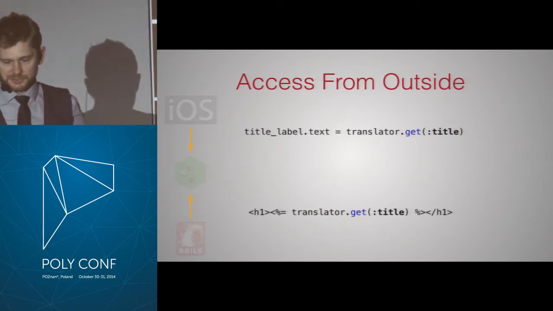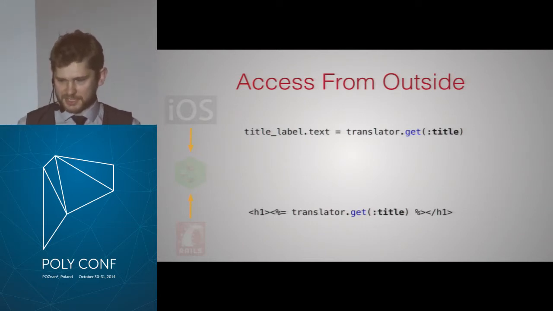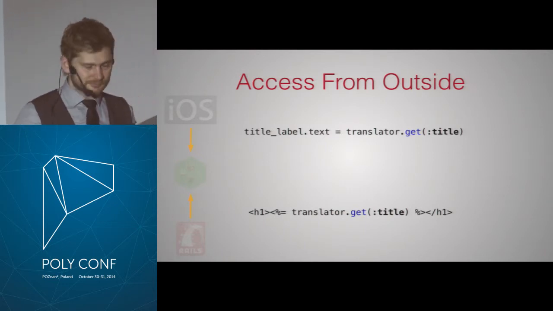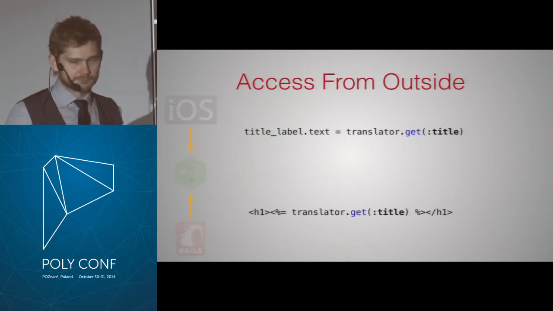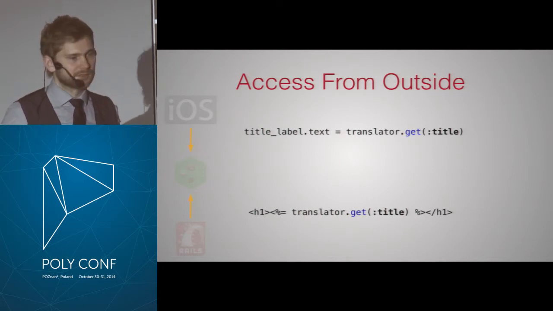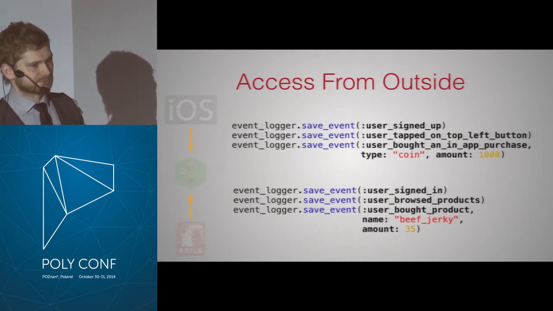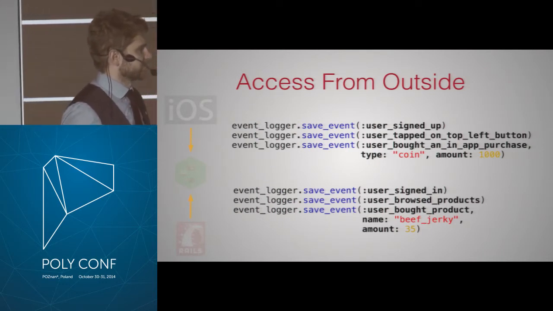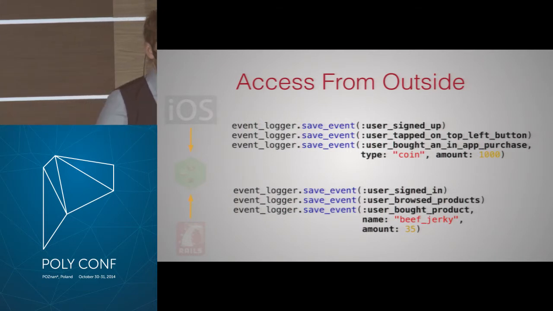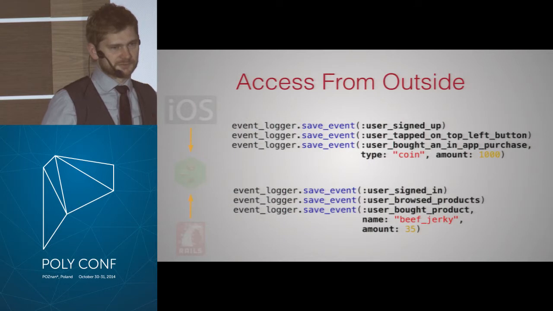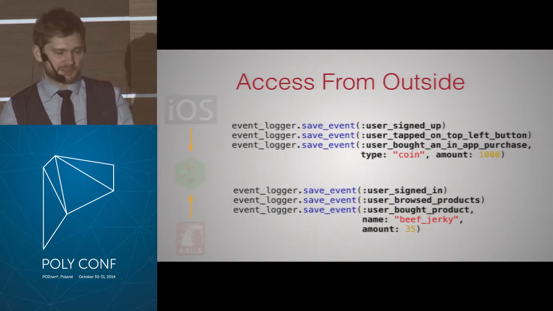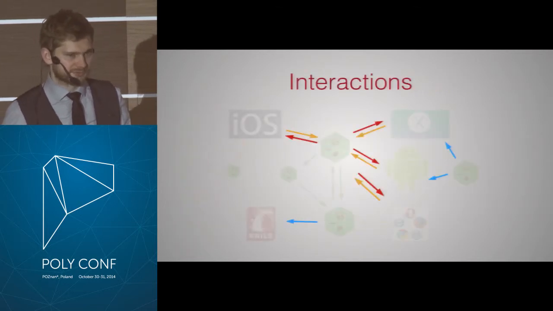You could create an interface for that and use it in iOS just to provide the text for labels, or you could use it in Rails or in OpenRB and use it for titles or something like that. It could be used also for logging. For example, you could have a common interface encapsulating KISS metrics and use the same interface for different purposes on each platform. So this is an example of accessing your cross-platform code from outside.